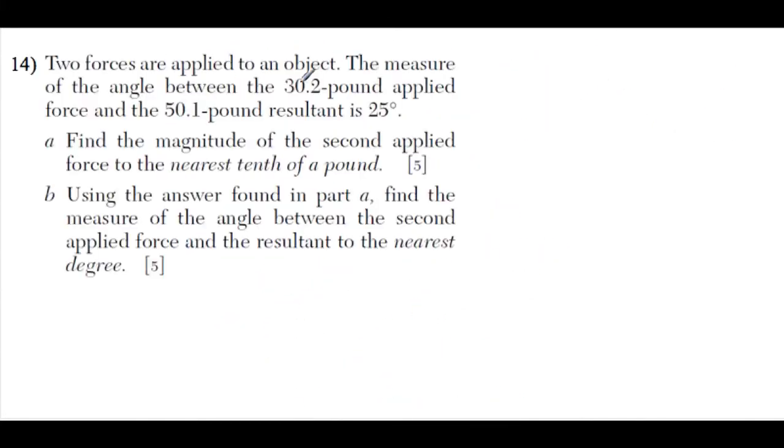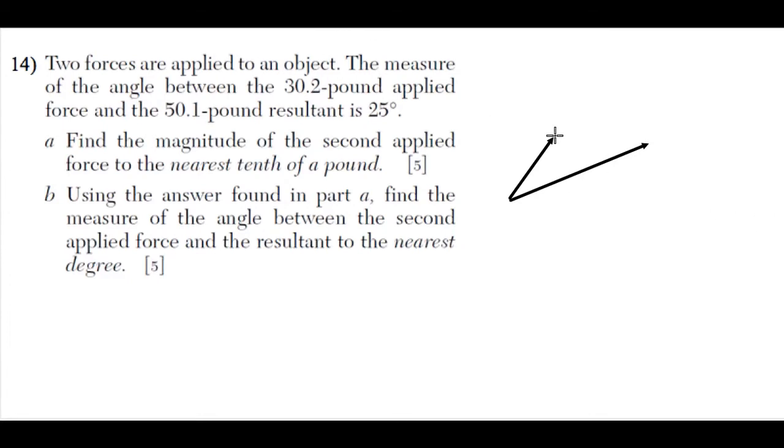Two forces are applied to an object. So basically what we're looking for is, let's try to draw the two forces here. Between this pound applied force and this one, the resultant is 25 degrees. So in fact, this would be 30, and then that would be the, how about this one, in this way.